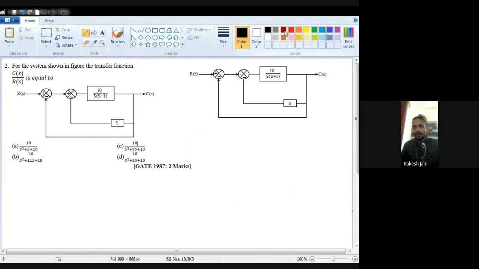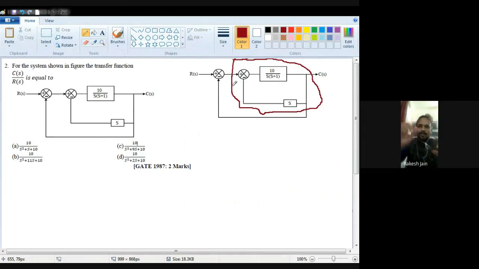I just draw it with the help of this pencil. So see, first of all we will solve this one.